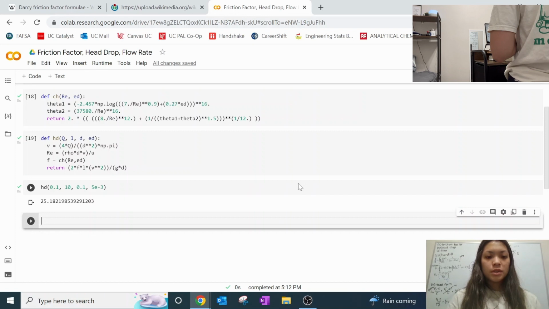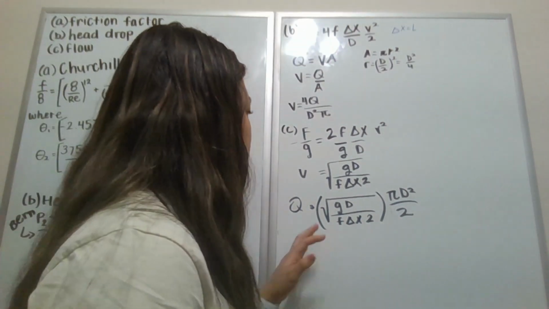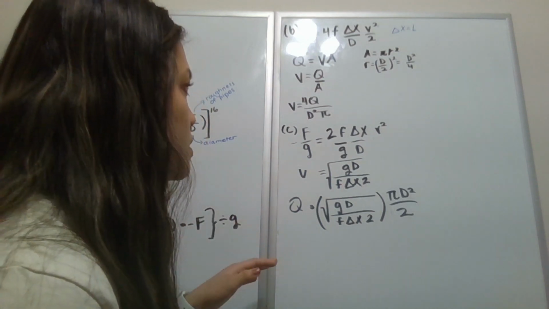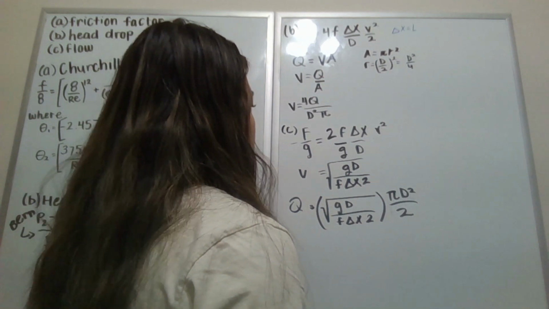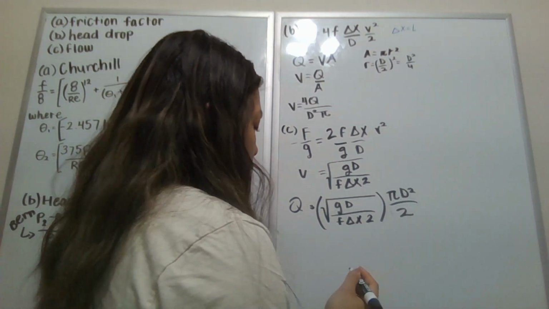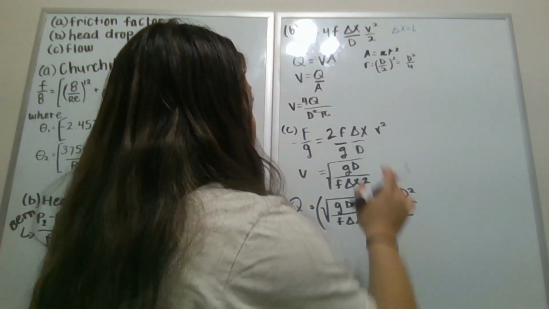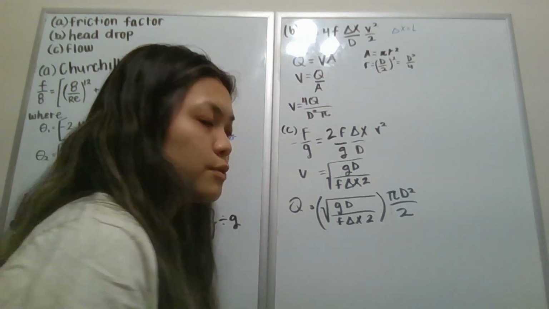So moving on, we want to define a function for our flow. Earlier we had written out these equations. The consideration before we code the flow rate is that when we're looking for the flow, it's going to be the flow rate that we calculated from here minus the actual flow rate is going to equal 0.